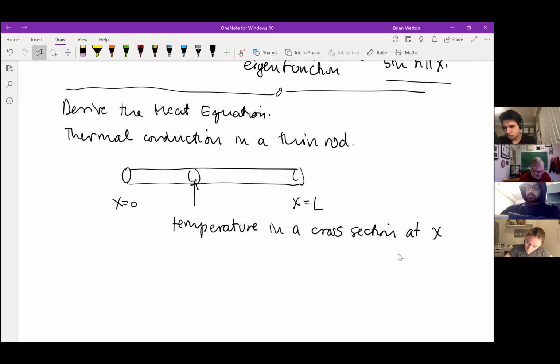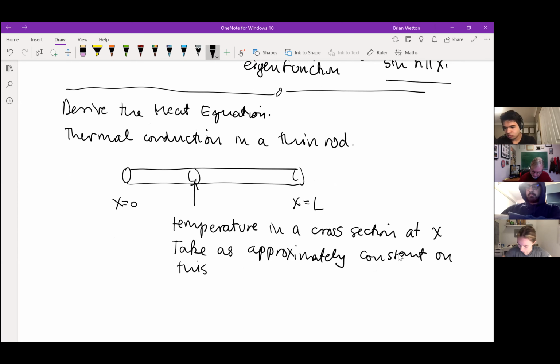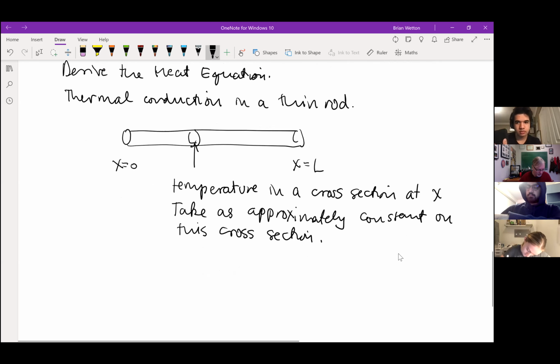But for now, I'm just going to say it's okay to take this as approximately constant on this cross section. So it's going to vary in x, but it's not going to vary in the cross section y and z coordinates. So I'm going to have a temperature U, a capital U, because I'm going to end up with a little u that's going to be a scaled version of this. It'll depend on x and t.